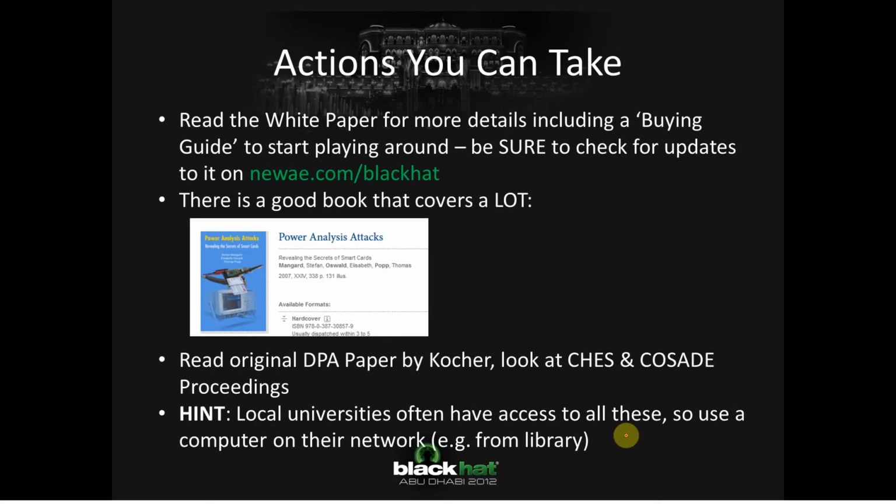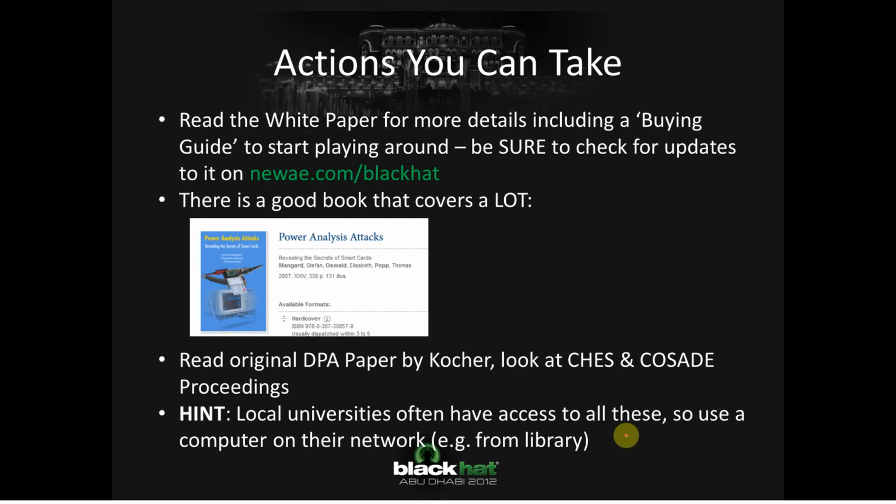So if you're interested, check out the white paper. Obviously, that has all the details, a buying guide with a lot more about the different ways you can get involved. If you already have a scope, you may be able to use it. There's a few commercial scopes that have synchronous ability. This isn't the trigger. Remember, the trigger on the scope is just triggering the internal time base.